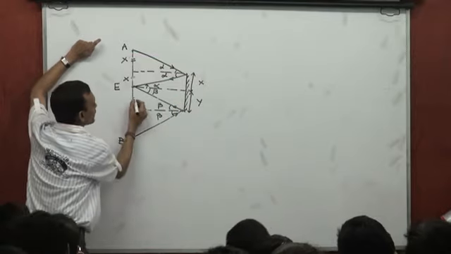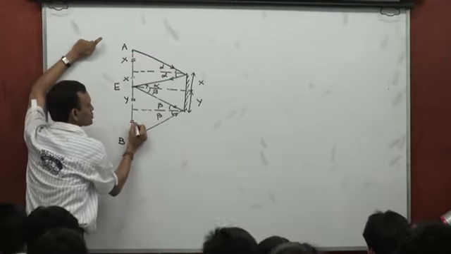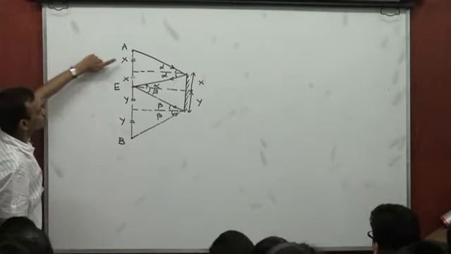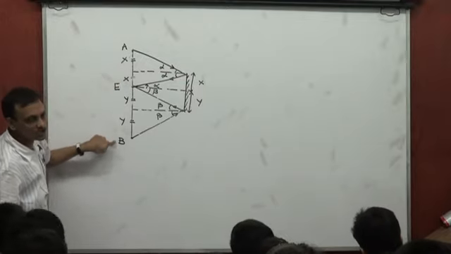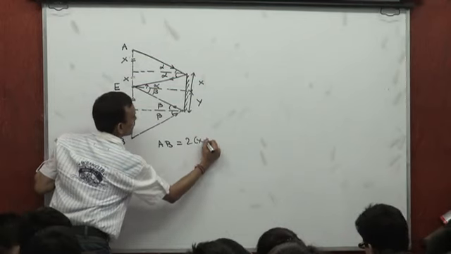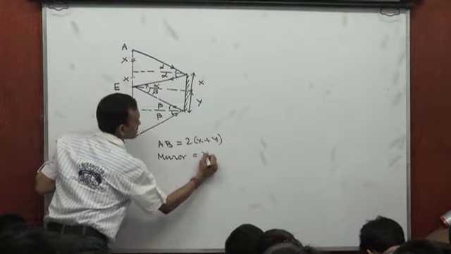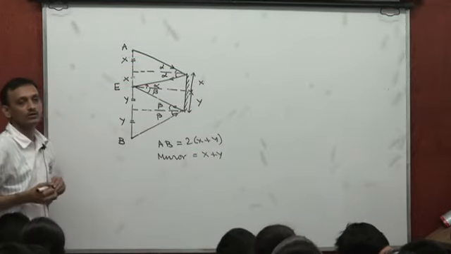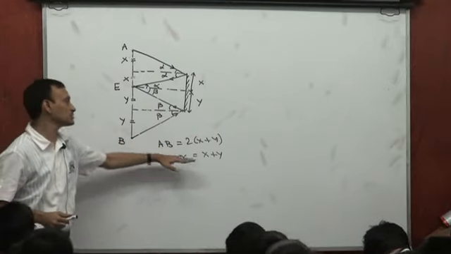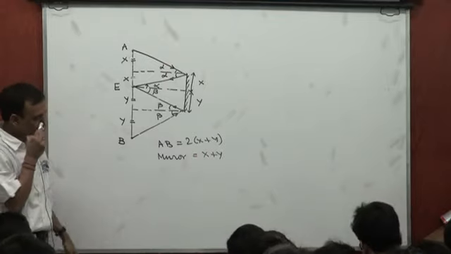Similarly, if this is y, this is y, and again this triangle is congruent to this triangle, causing this to be y. So the height of the man AB is 2x plus 2y, which is 2 times (x plus y). The size of the mirror is x plus y. So the minimum size of the mirror for the man to see himself completely must be half his own height, right?